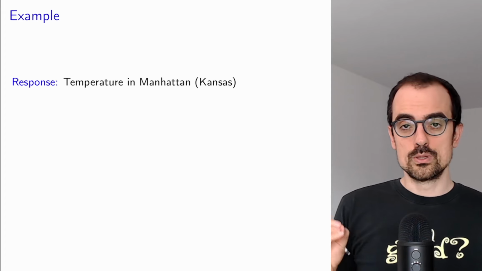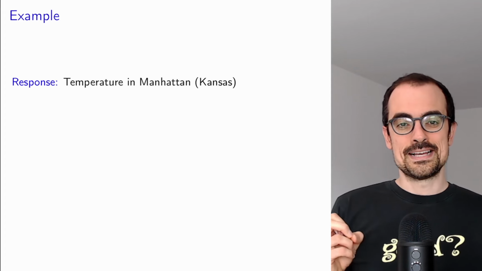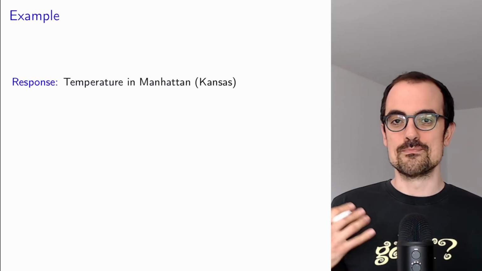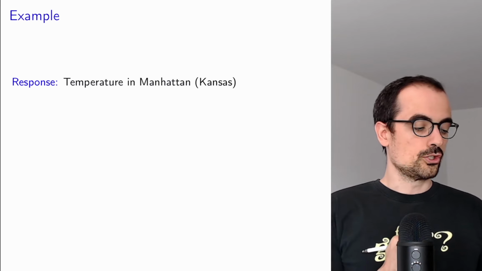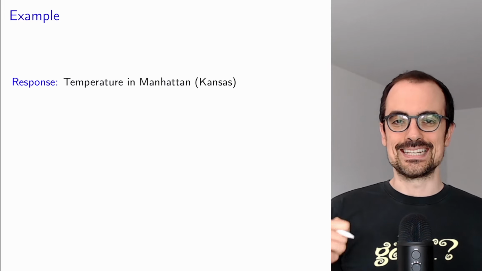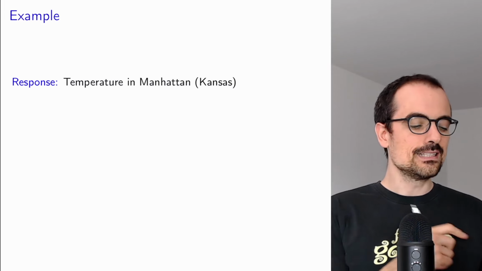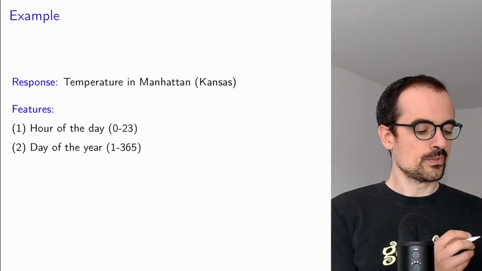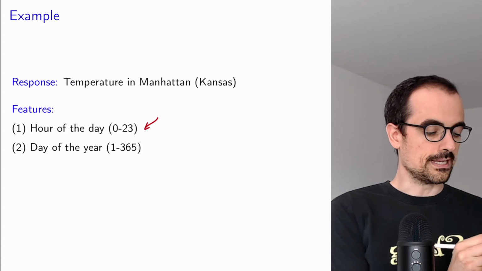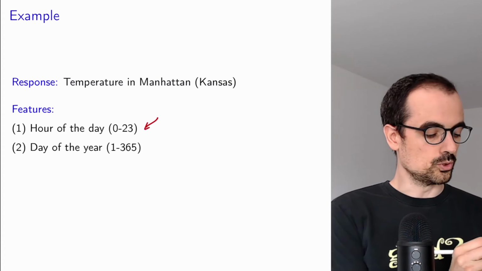Now we're going to use a real-world example to see that this can introduce some limitations when modeling real data. In this example, we want to estimate the temperature in Manhattan, Kansas, and we're going to have just two features. One is going to be the hour of the day, which we're going to represent with a number from 0 to 23.